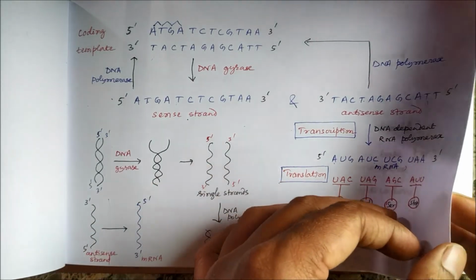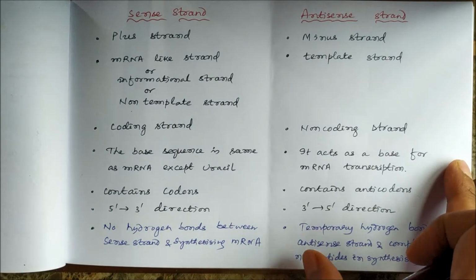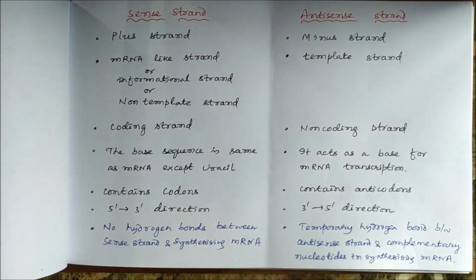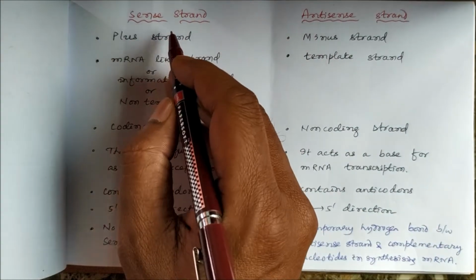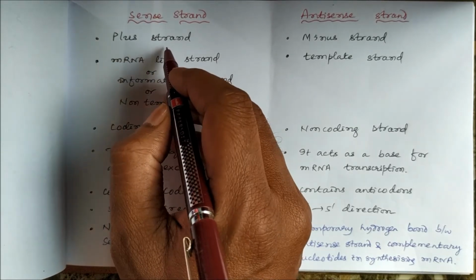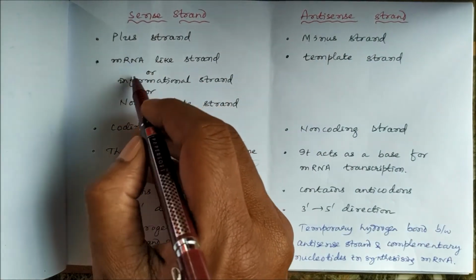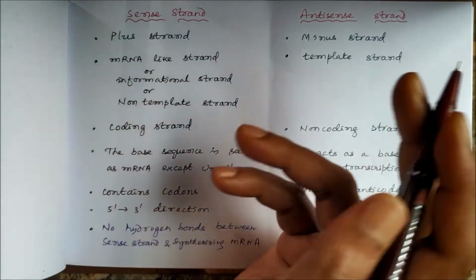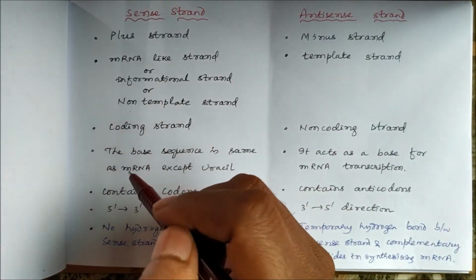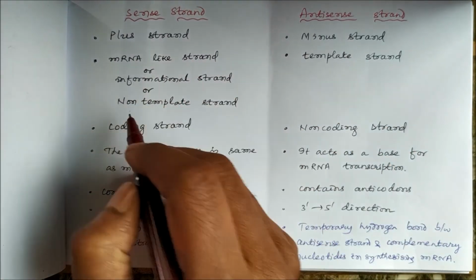So if we study the difference between the sense strand and the antisense strand, the sense strand is also known as the plus strand, the antisense strand is known as the minor strand, and the sense strand is the mRNA-like strand, the only difference being that thymine is replaced by uracil.